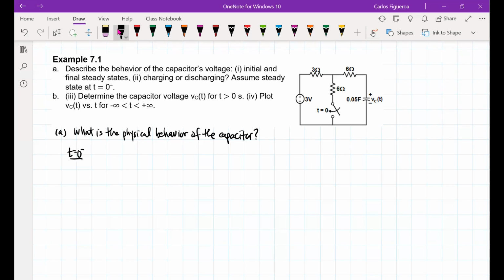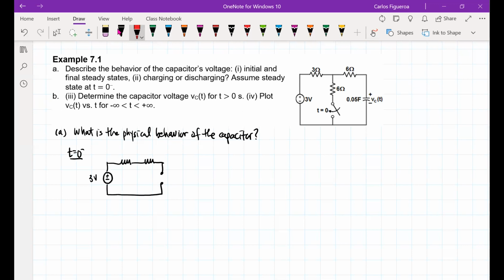And when you look at the circuit, note that the switch closes at t equal to 0. So in the beginning, there is no 6 ohm resistor. So what I'm really seeing here is something like this: I have a source that's 3 volts, there is no 6 ohm resistor, and then the capacitor goes to a steady state.